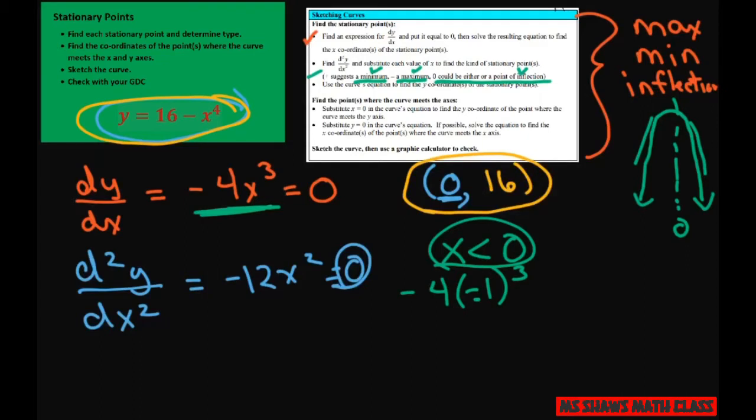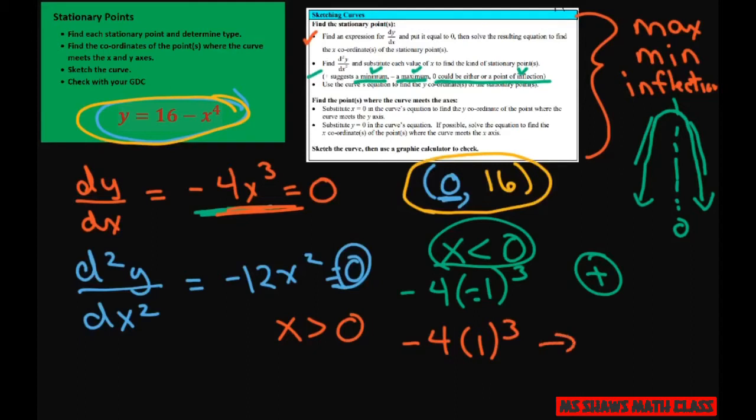That suggests, it's positive suggests minimum, but let's just put positive here. All right. Now, what happens when x is greater than 0? So if I put in 1, say, I get negative 4 times 1 cubed, well, that's going to go to negative.